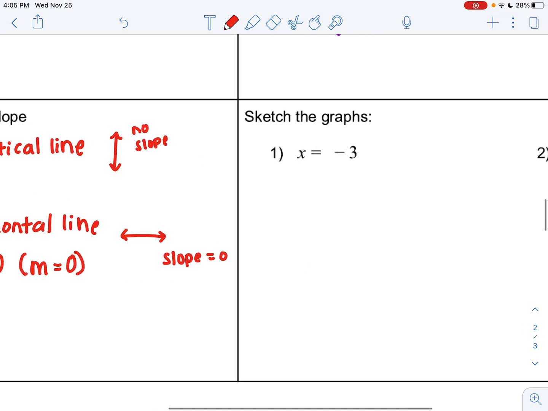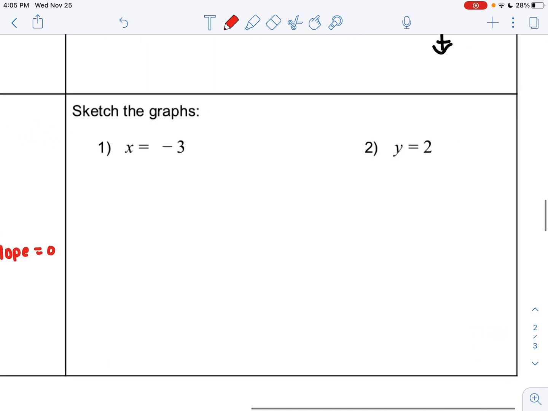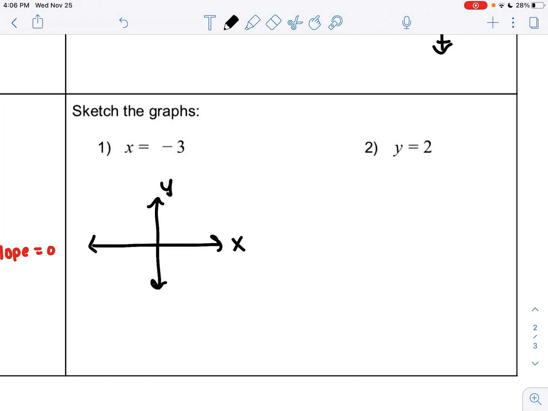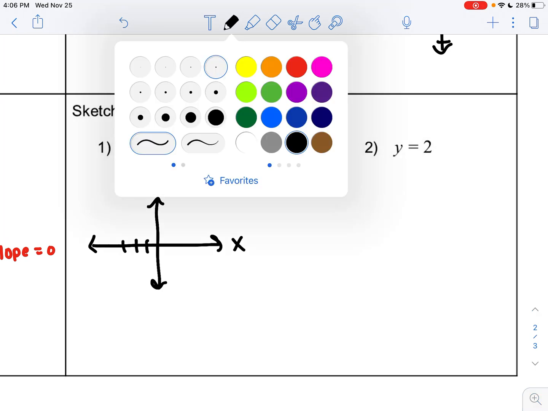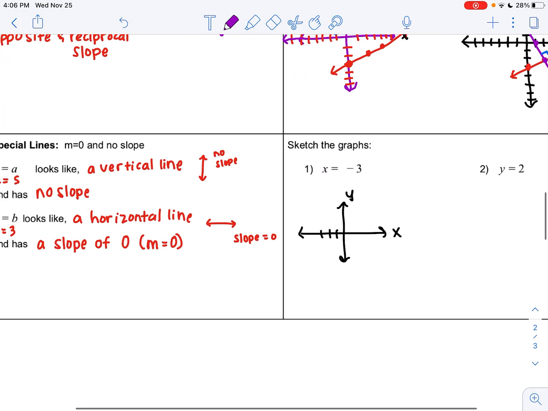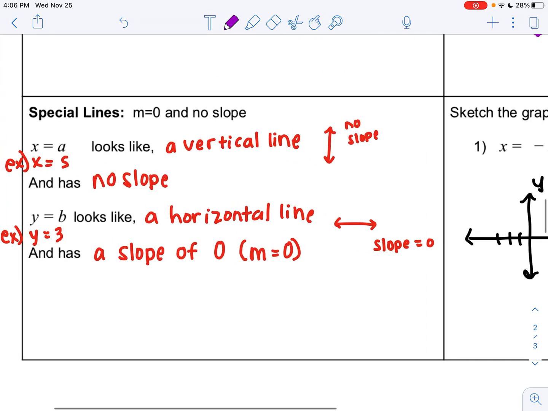All right, so here we're going to sketch the graphs. So when x equals -3, let me draw that a little straighter here. Remember, this is my x and this is my y. This is how we're going to draw it. X is -3 is right there. And it says in my notes right here, x equals a, and remember a is any number.